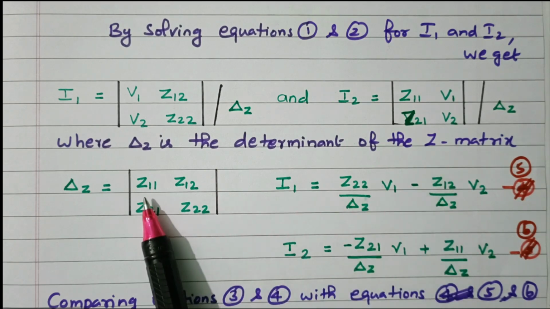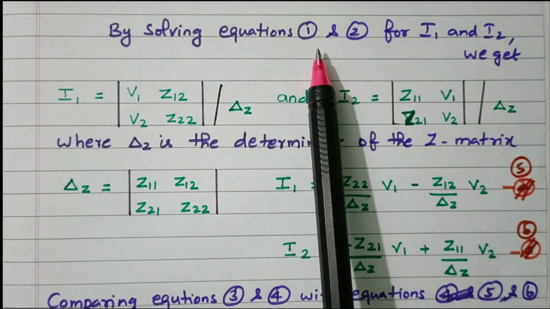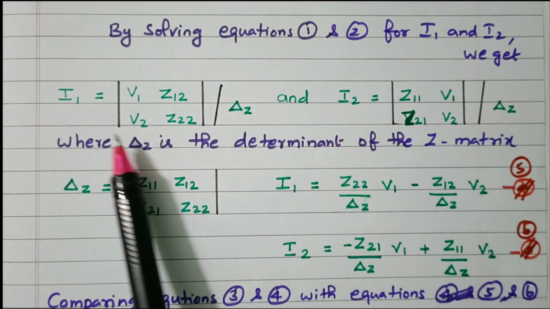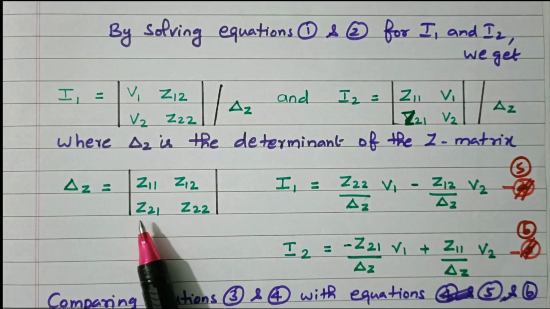What is the Z matrix? Z11, Z12, Z21, Z22. So equations 1 and 2 are solved for I1 and I2, and we got the expressions for I1 and I2.